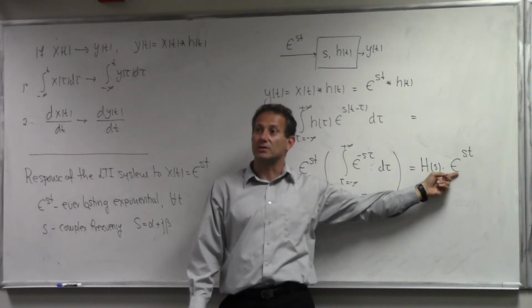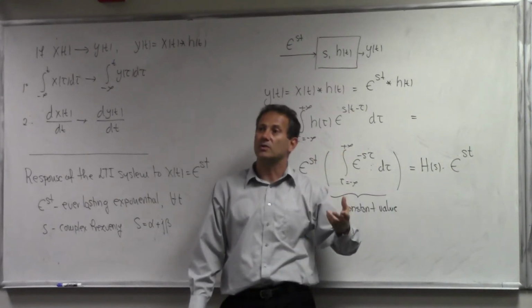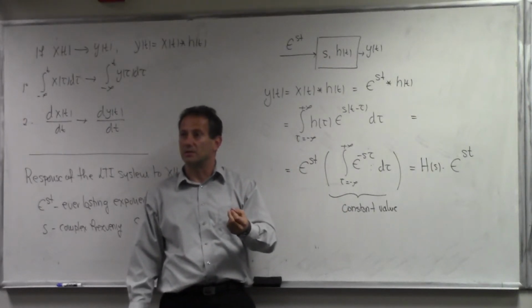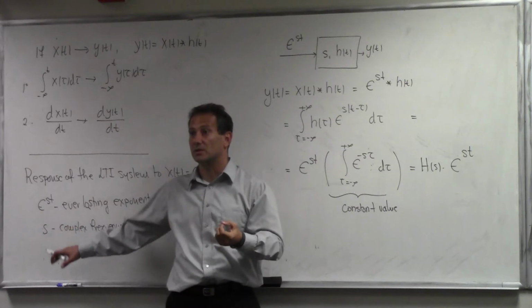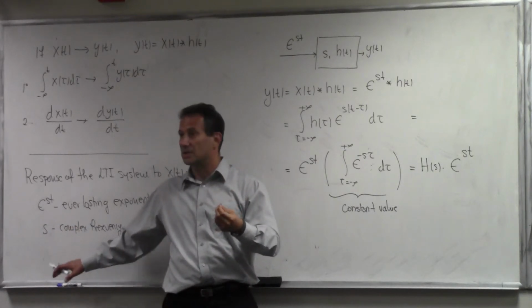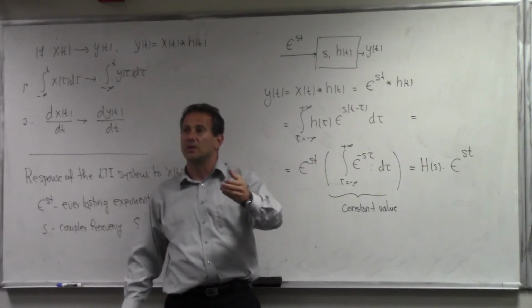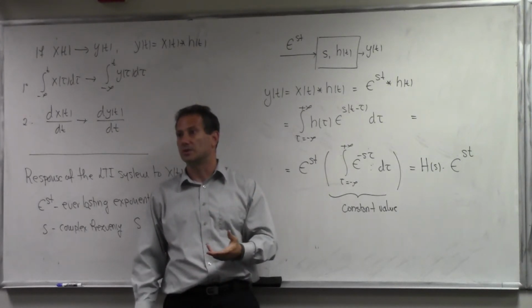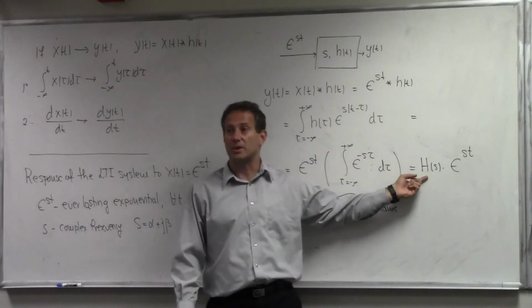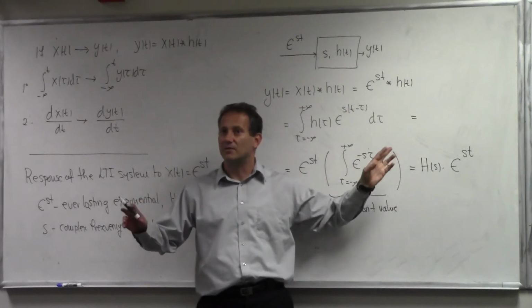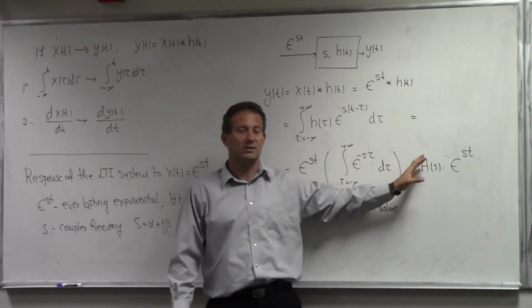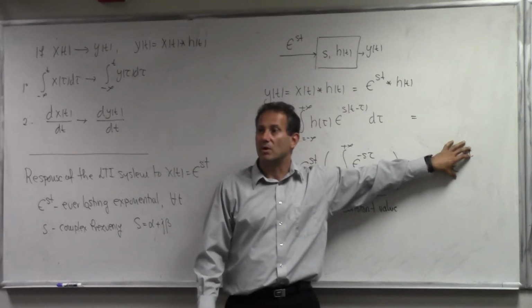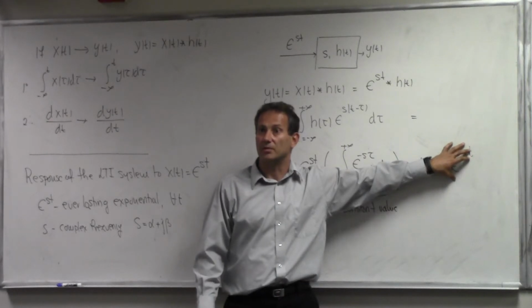This function is special because regardless of what the linear system is, if I feed in an everlasting exponential with a given complex frequency, what I'm going to get at the output is the same everlasting exponential, just scaled with some constant. This constant is complex, so it will add magnitude and phase, but nevertheless, this is going to be the same complex exponential at the output.